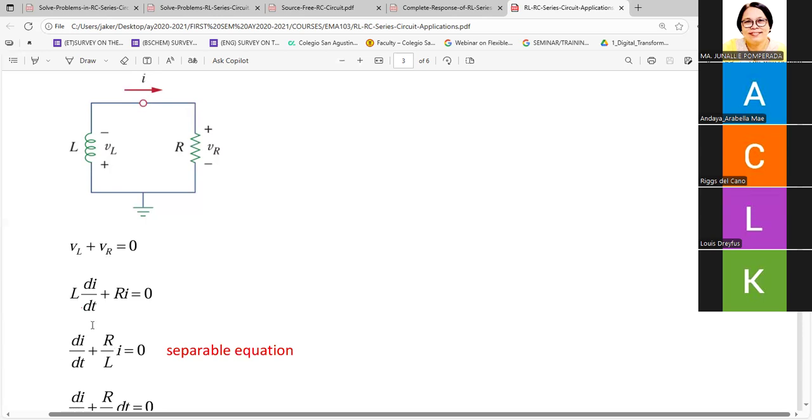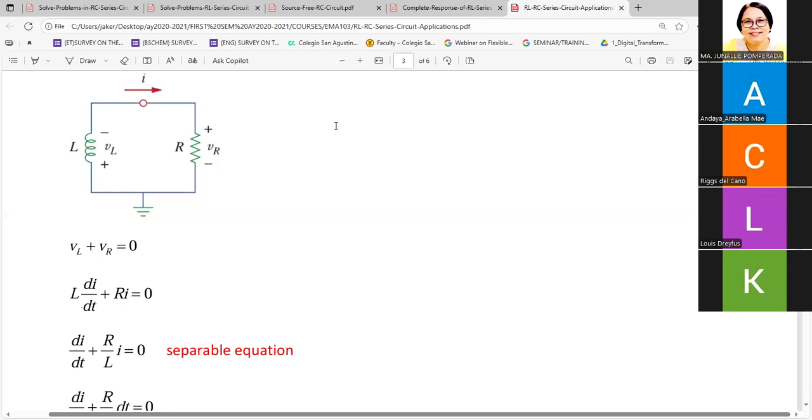Now, the thing that you need to do after you have written this is divide the entire differential equation by L. If you divide it by L, the L is taken out of the picture, and that gives you R over L times the I in the second element. This one will still be 0.